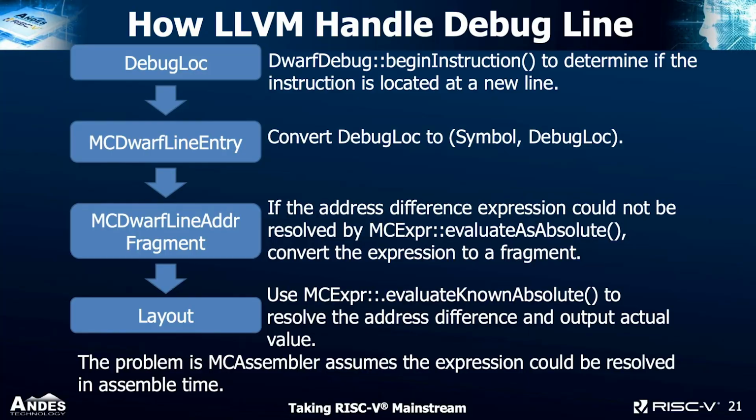LLVM will create a fragment for the expression. A fragment is a reserved space for the expression value. At final layout, LLVM will use evaluate non-absolute to evaluate the expression in the fragment.